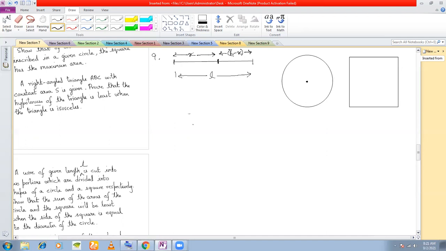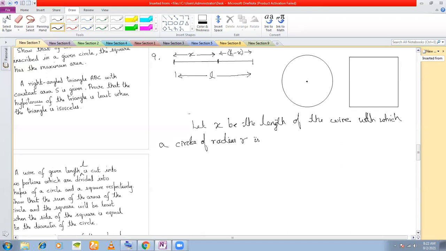So we start by saying, let X be the length of the wire with which a circle of radius R is made.